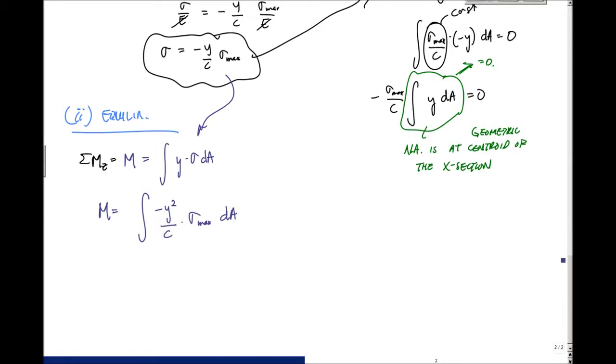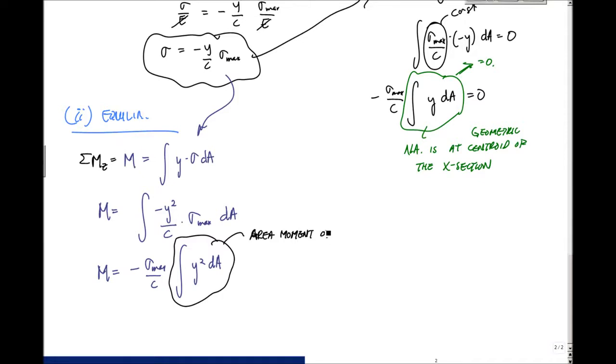Here I have m is equal to minus sigma max over c times the integral of y squared dA. This is the popular second moment of area, which is also the area moment of inertia.